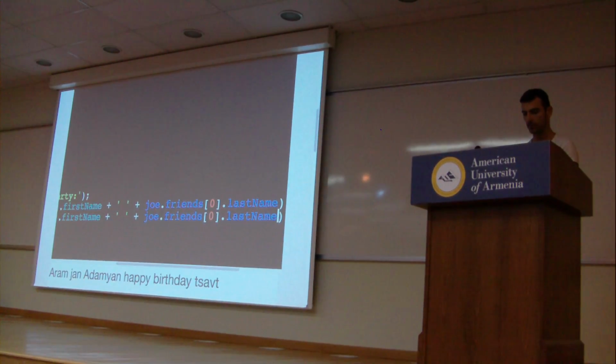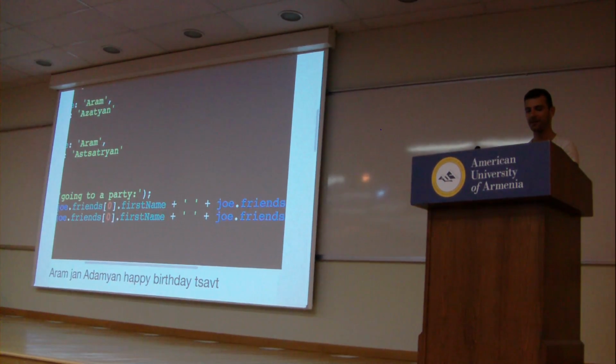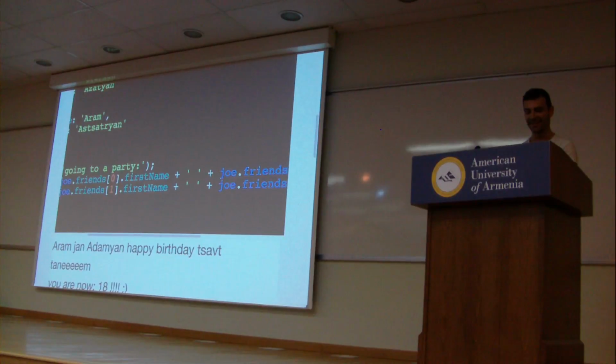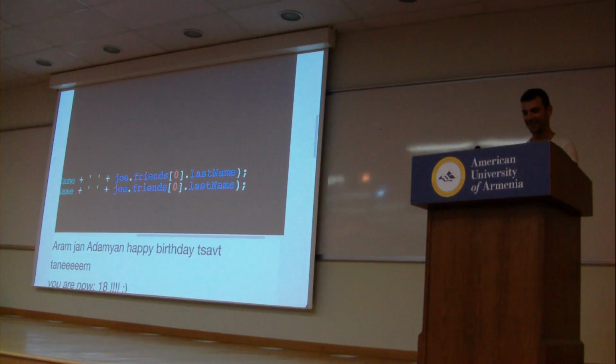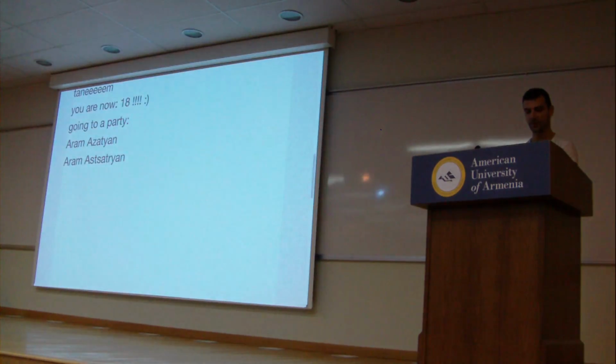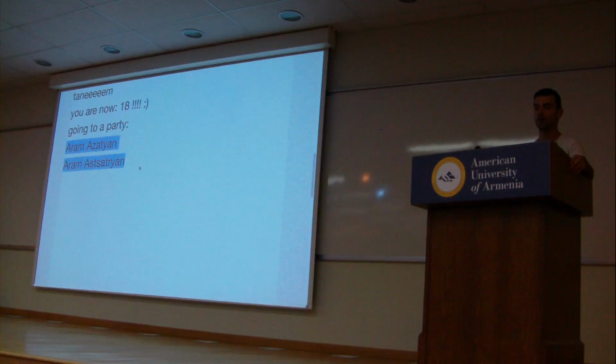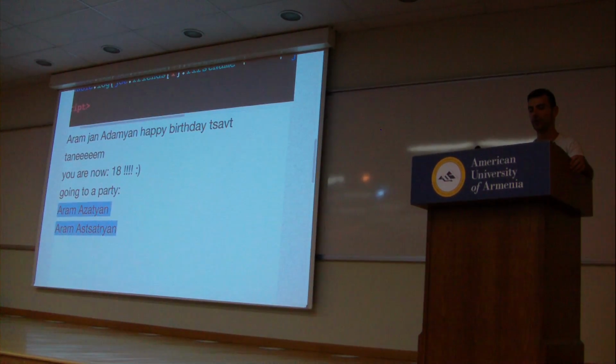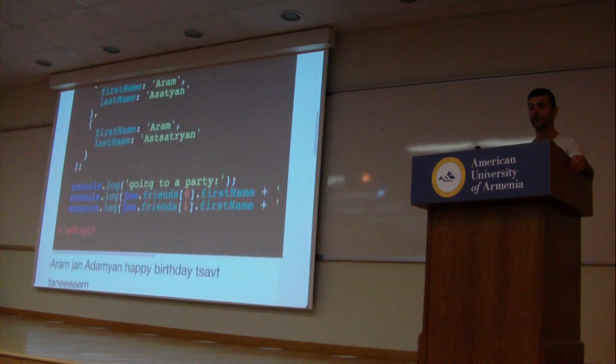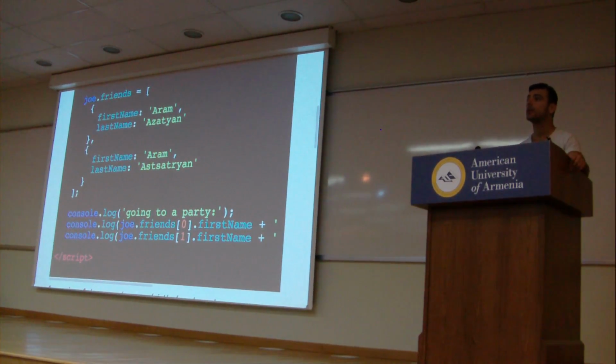Let's make a mistake. Oh wait, this is not going to be a fun mistake, because they're all Adam anyway. Okay, alright, so let's do 1, 1. Okay, there. Going to party, the 2 Adams. 2 Adam John's party. There you go.